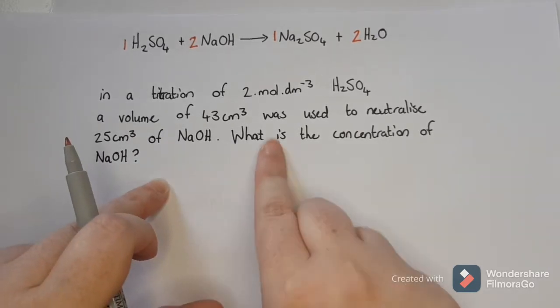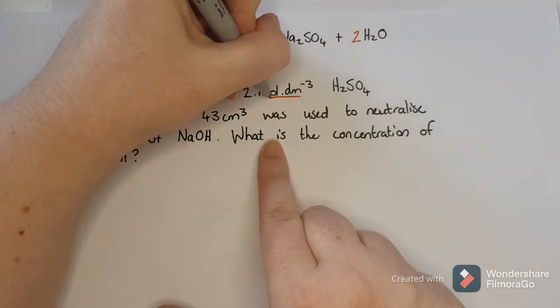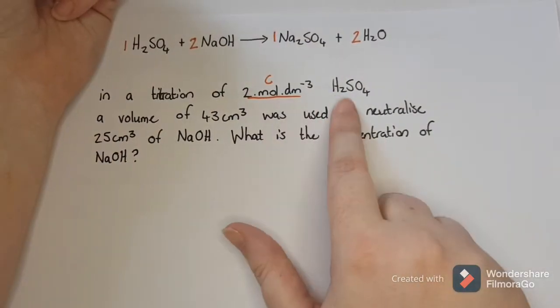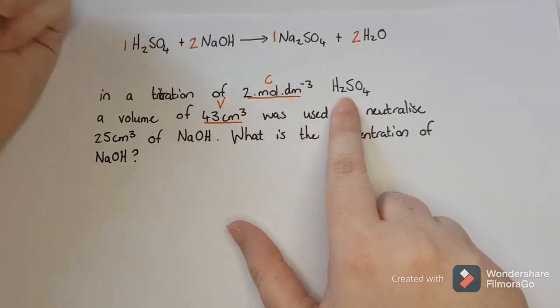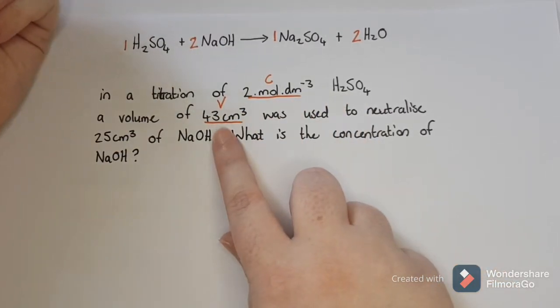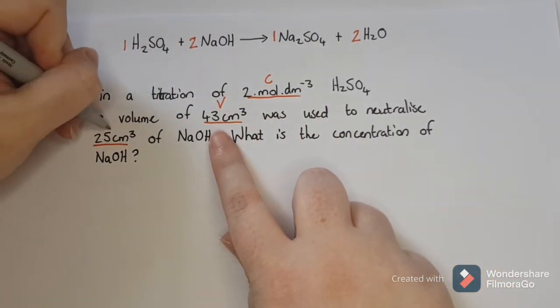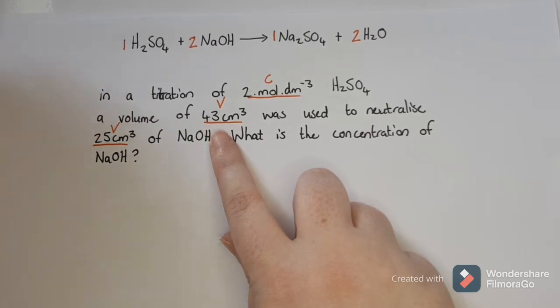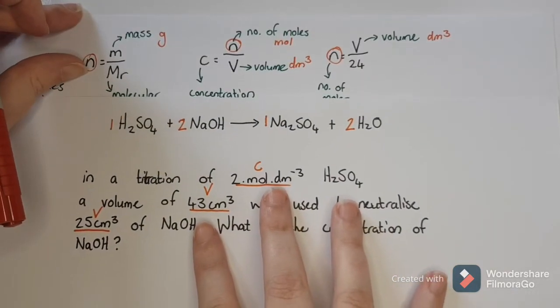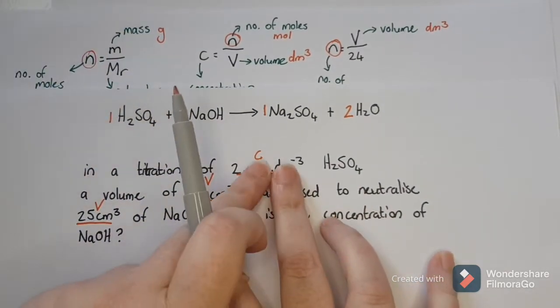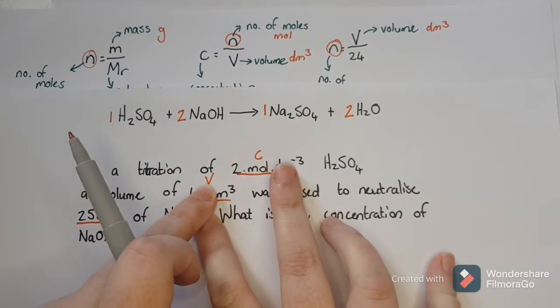So in this question, I have a concentration of sulfuric acid, and I have a volume of sulfuric acid, and I have a volume of sodium hydroxide, and I have the equation. So the first thing I can do, looking through all of my equations, is that I have a concentration and a volume of one thing.